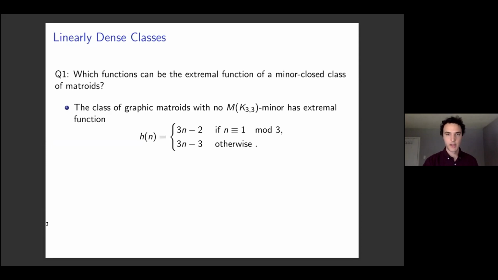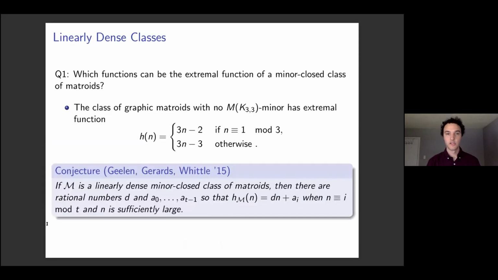And it's conjectured by Geelen, Harrods, and Whittle that this is always the case, that if M is a linearly dense minor closed class of matroids, then the extremal function is some linear function plus a periodic function, where all the terms are rational numbers. This has been proved in some special cases, but it's hard in general.